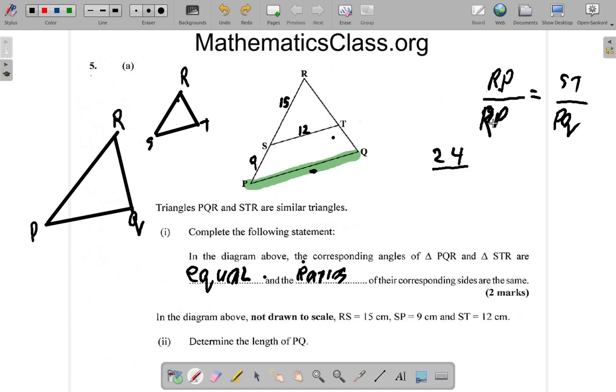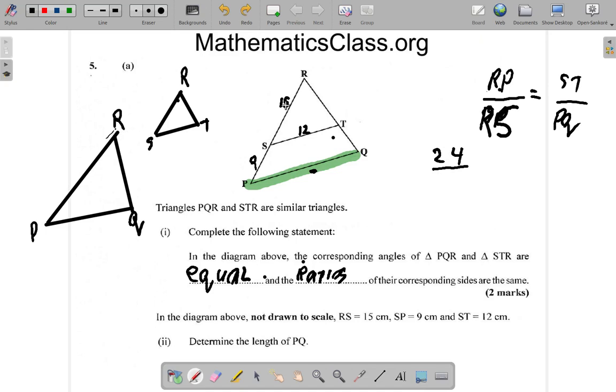24 over, and this is RP to RS. So this side of the big triangle over this side of the small triangle is RP to RS.